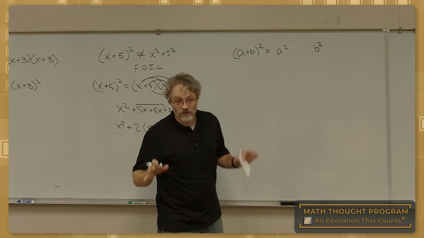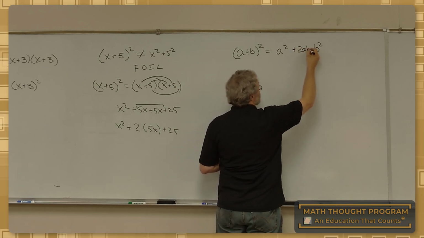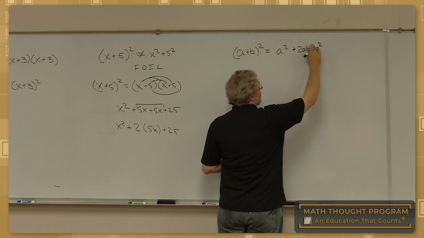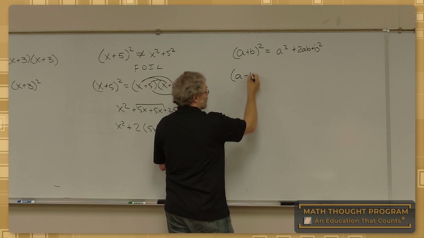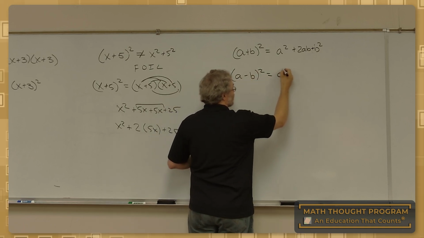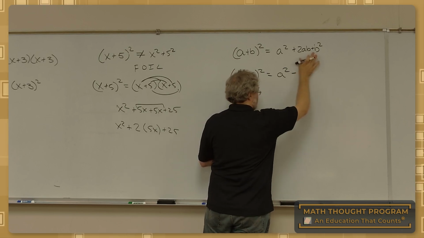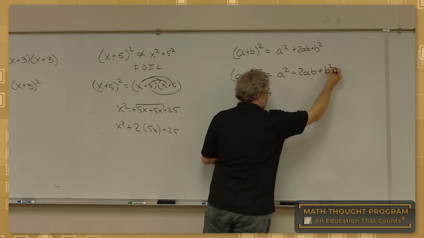Guys, don't forget about the intermediate term, 2ab, right there in between. And if, by chance, it was a minus, what you get out of it is a squared minus 2ab plus b squared.